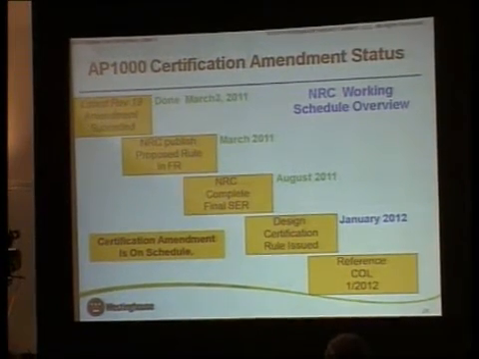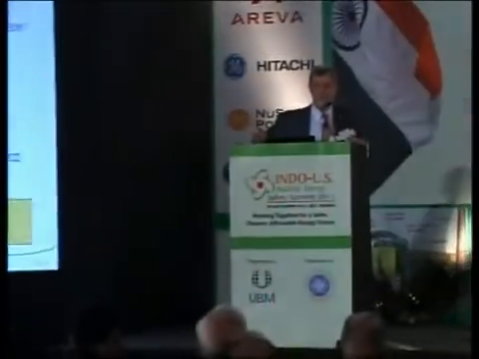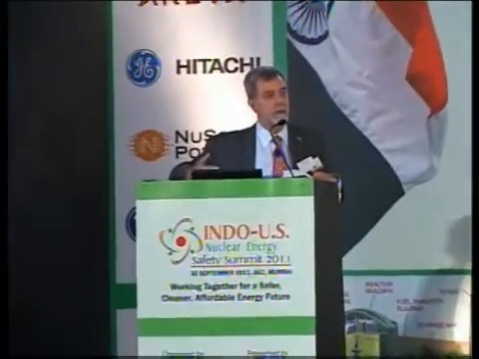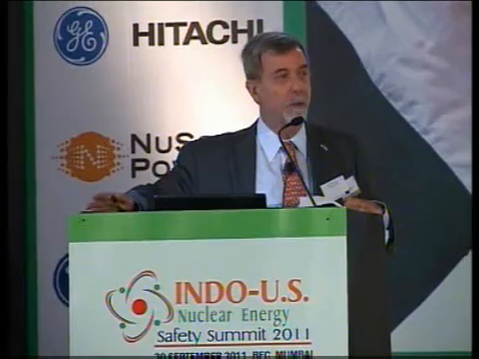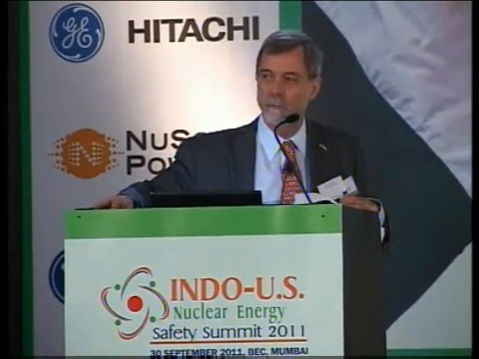As a result of that, we went through a series of revisions to our design, and our latest design, called DCD-19, was just approved. The final safety evaluation report was issued by the NRC in August of this year, and final rulemaking on that should be later this year, or at worst, late next year.